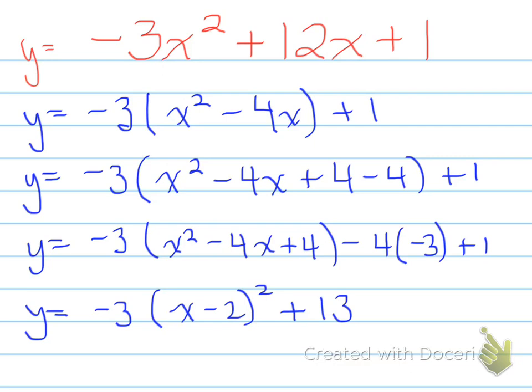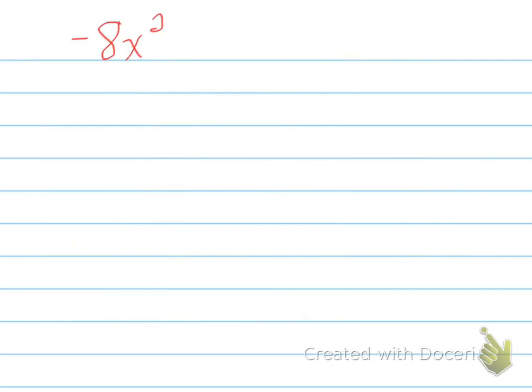All right, let's try another hard example like this. Here we go. We'll have y equals negative 8x squared plus 80x minus 3. So again, we do the same steps, folks.